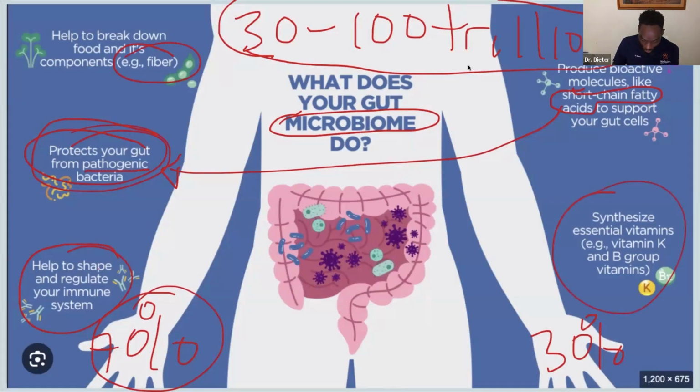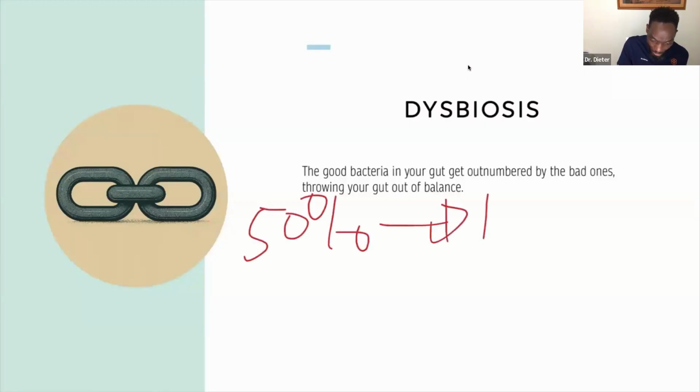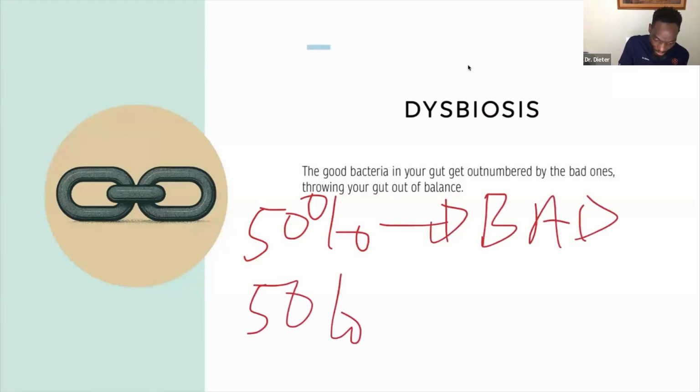What then is dysbiosis or microbiome dysfunction? Dysbiosis is an imbalance in the microbial population. You see, 50% of the bacteria in the gut are what you call bad bacteria, and the other 50% are what you call good bacteria.